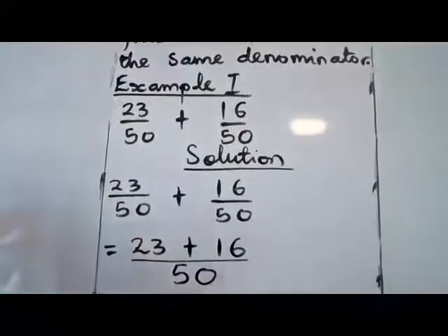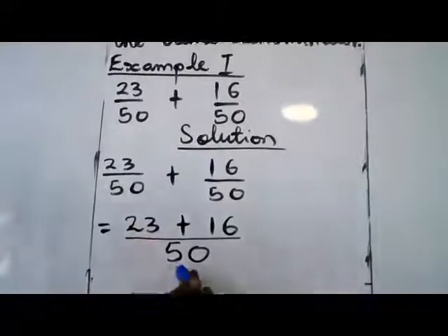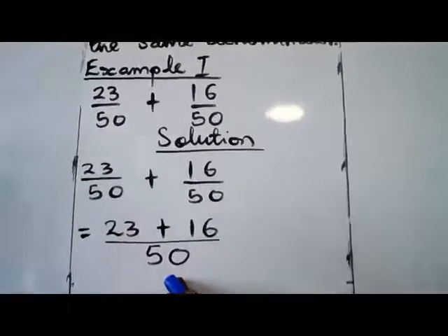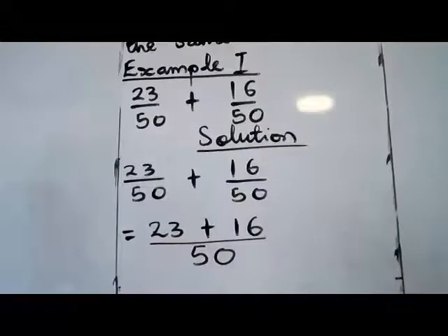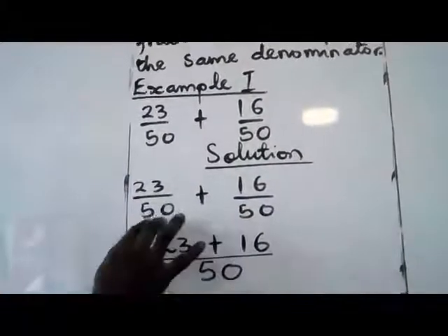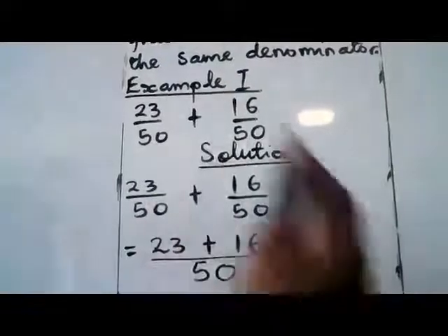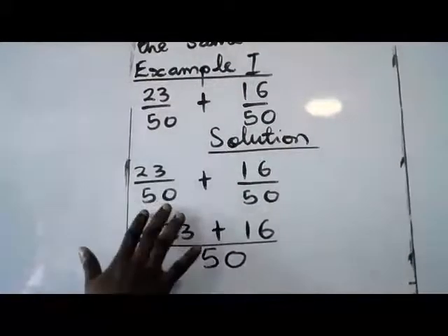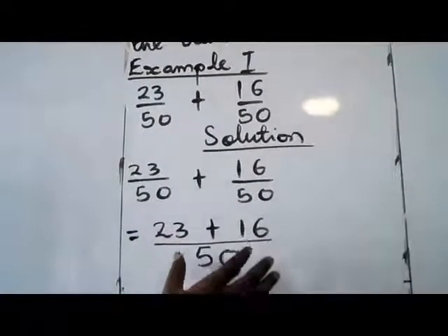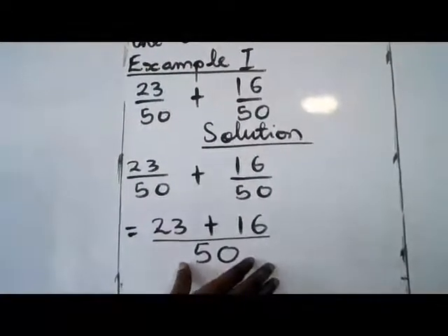It will be written in this format as 23 plus 16 over 50. Now, some of you will be wondering, why did we bring down just a single 50, and not both denominators? If you look for the LCM of 50 and 50, which we'll be looking at when we're treating unlike fractions, you'll find that you still end up getting the same value, which is 50.